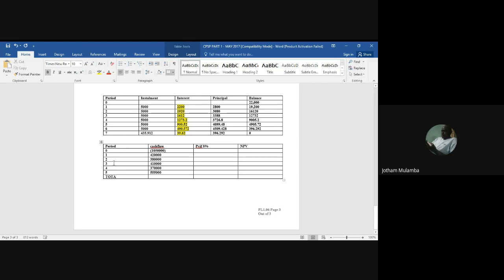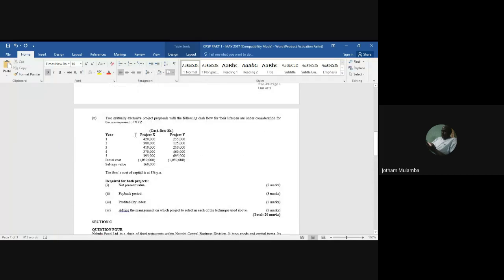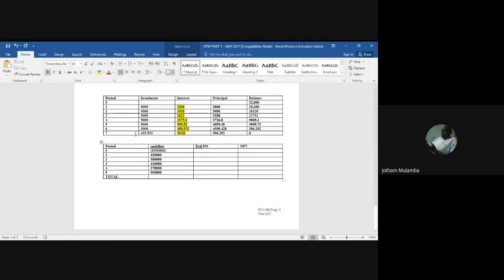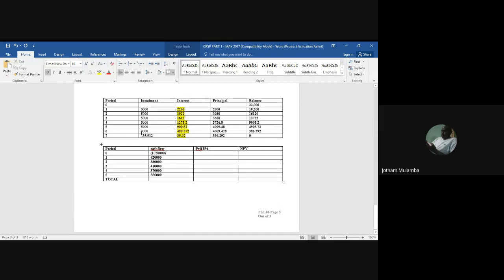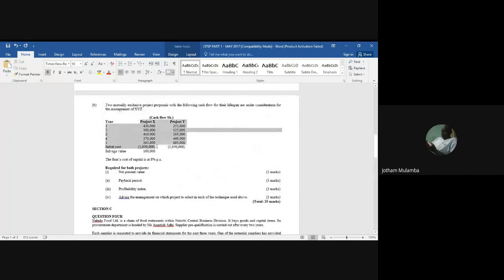For the sake of Nancy, these amounts I've written on this table, I've gotten them as they are from the question. So far we have not done anything outside the question. This is what I'm calling period. Then cash flow is the amount of money received for project X.